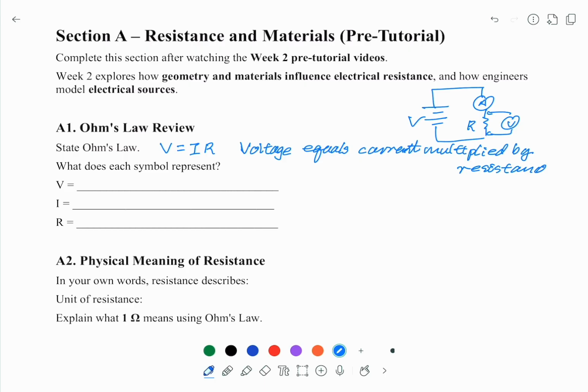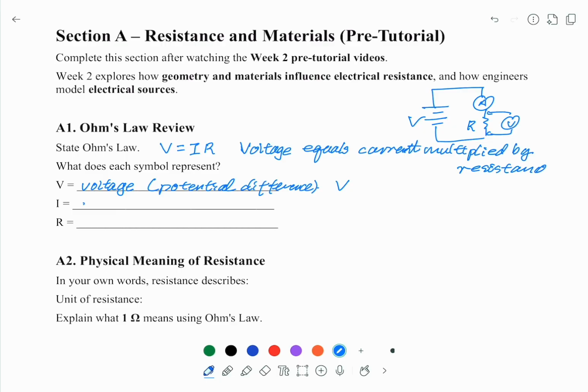V. What does each symbol represent? V represents the voltage. Now, you can also say it is the potential difference. And the unit, of course, is volt.